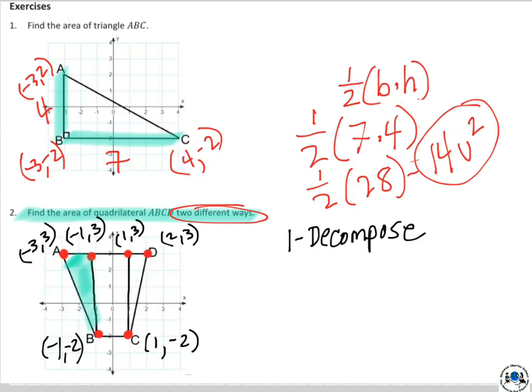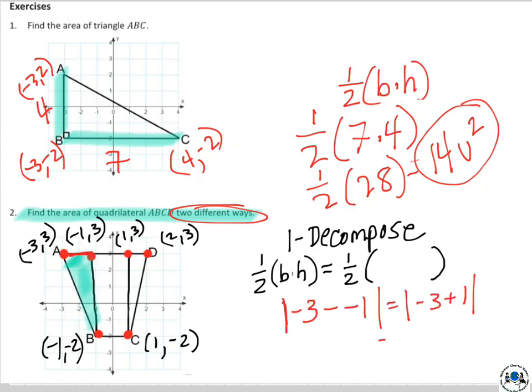Okay, so first we'll calculate the area of that first triangle. I know my triangle formula, 1/2 base times height. I have 1/2, and then I'm going to figure that base out.